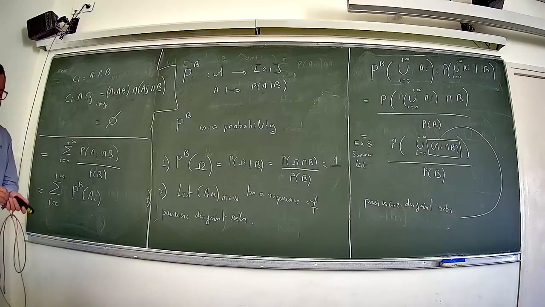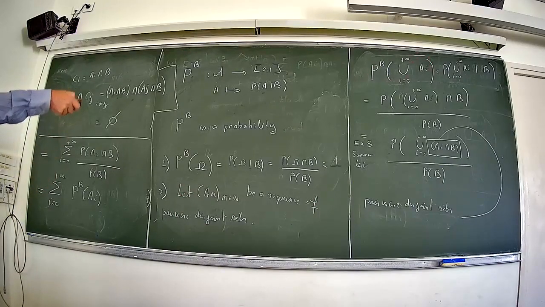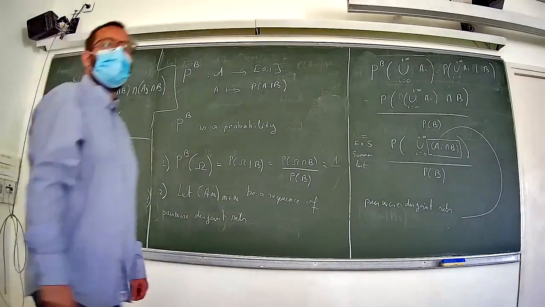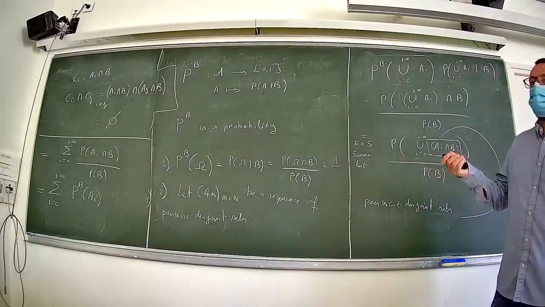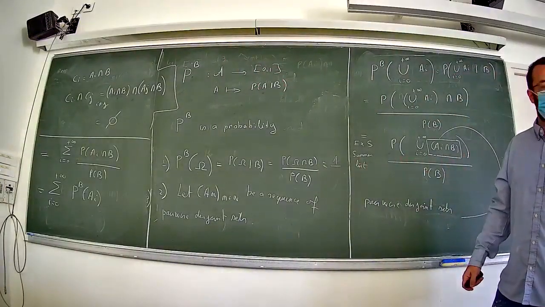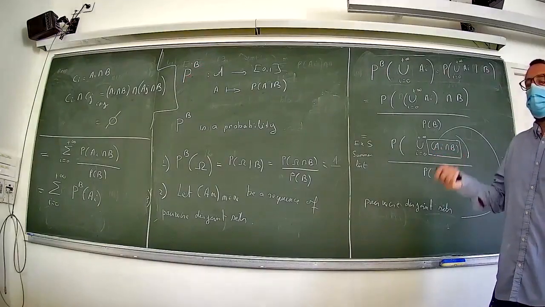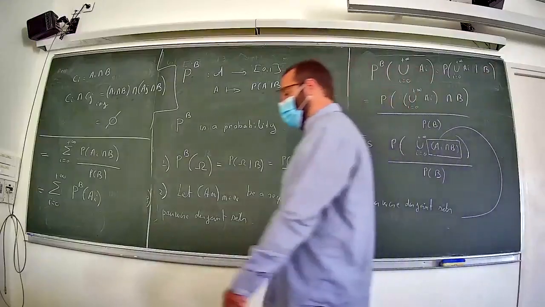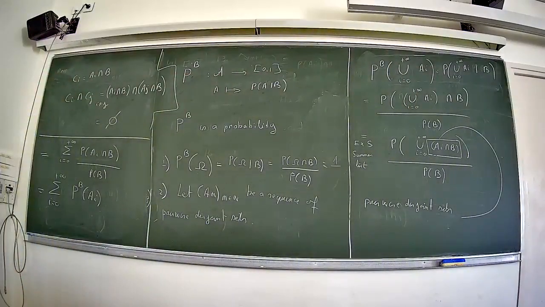At the end, what I have proved is that if I have a sequence of pairwise disjoint sets, the PB of the union is equal to the sum of the PBs. I have proved that the second statement in the definition of a probability is fulfilled. So I have proved that PB is a probability. I have an initial one that was P, and I have a new one. This new one is called conditional probability given B. Okay?